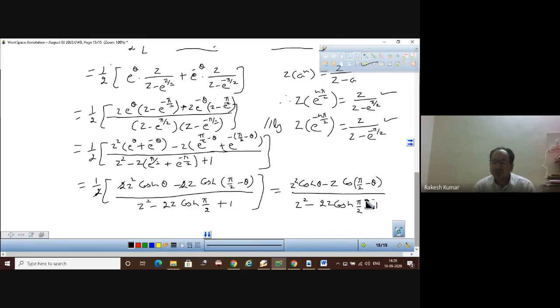If you want to explain it more, you can do more steps. Otherwise, you can leave the question here. This is your required z transformation of the given function. So this is very important to find out the z transforms of a question.